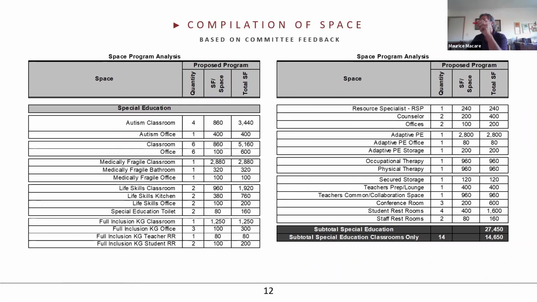The full inclusion kindergarten classroom, as an example, I think is probably a little bit shy. As I think it's Kim, right? Yeah. So I think we might want to revisit that based on what it is.